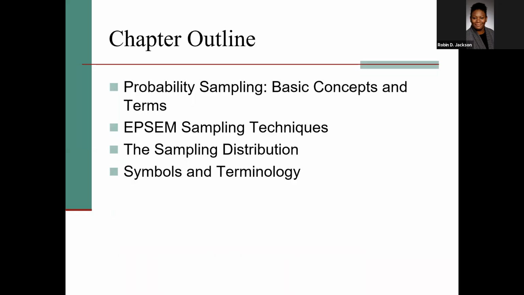All right, so this is again the chapter outline. I'll talk about all of these different things and then close it out with some of the symbols and terminology that you need to pay close attention to and keep handy if you write notes. I know some folks like to have a spot where they have all the formulas.